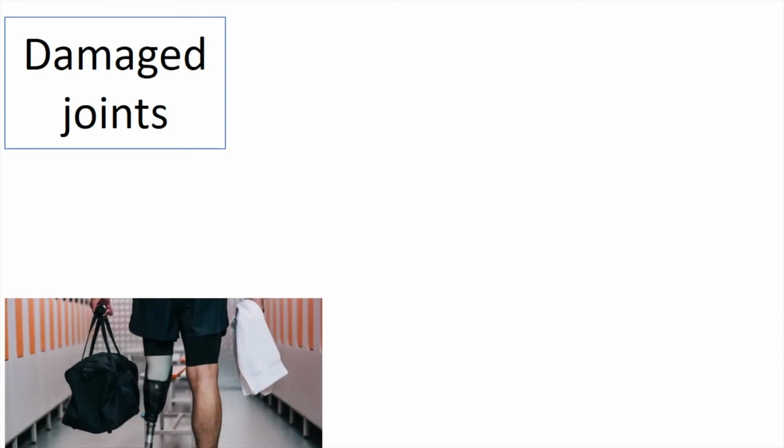The picture on the screen shows a man who's got a prosthetic limb on his left leg, and this is to enable people who have such things to be able to live and move around more freely compared to when they just had one leg missing. It's never going to be quite the same as having both legs, but it does help to make life easier.